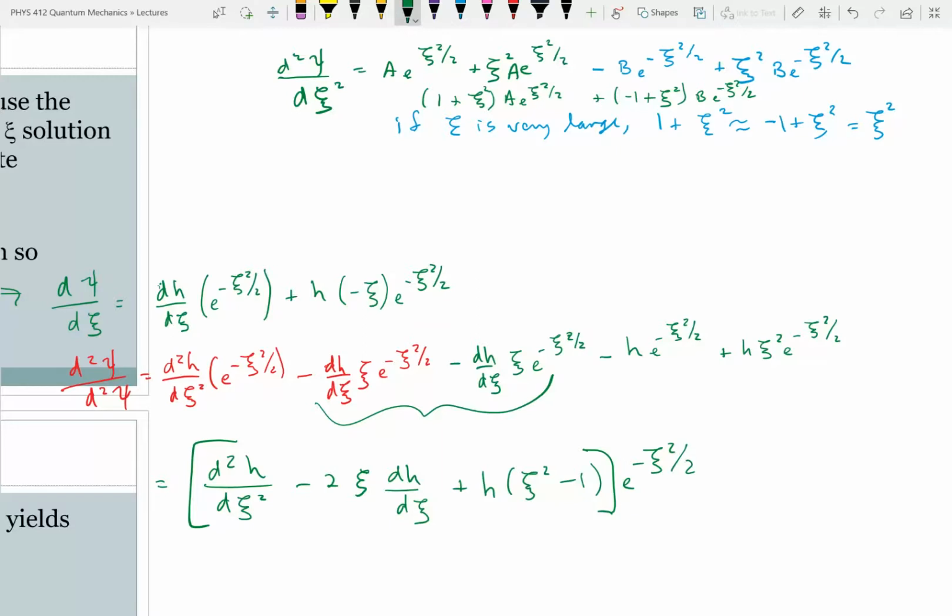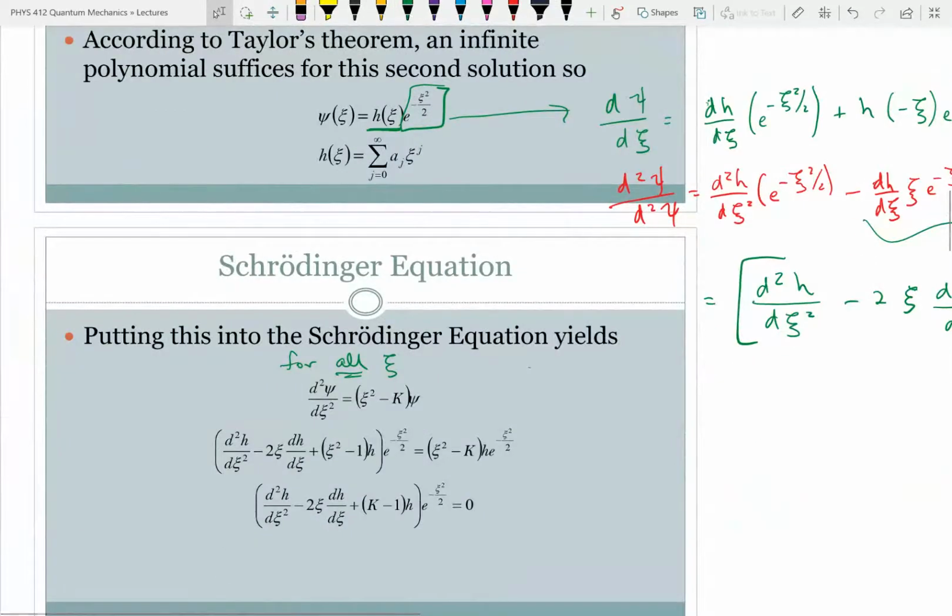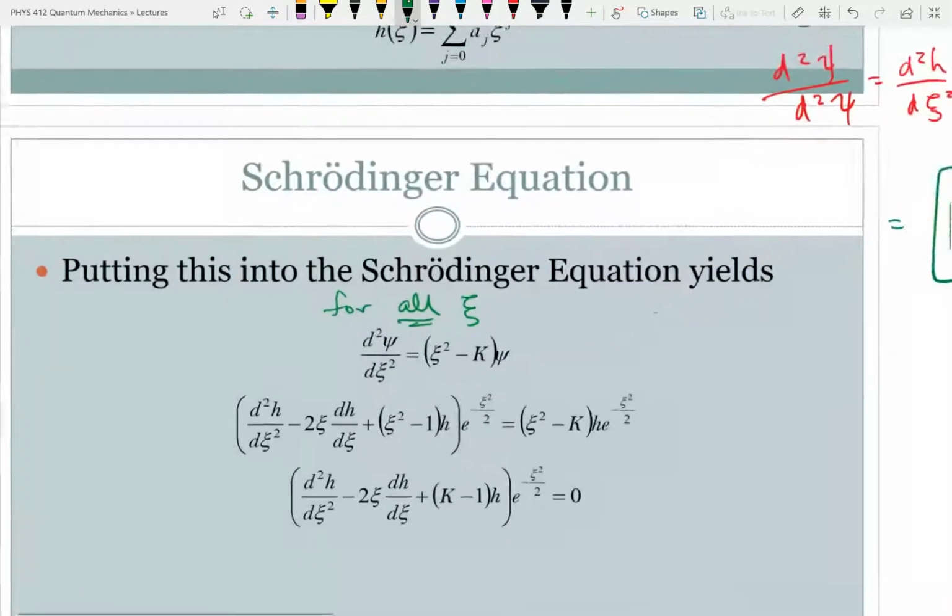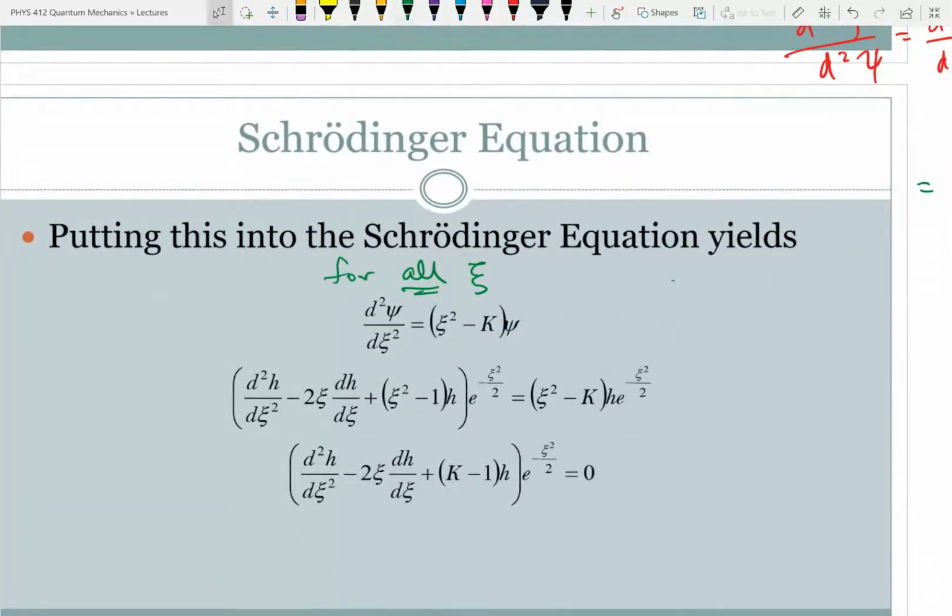Well, 3 with my factoring. You can see why I did it here and just have the answer here. So that's what we got from the second derivative. It has to be c squared minus k times h e to the minus c squared over 2.